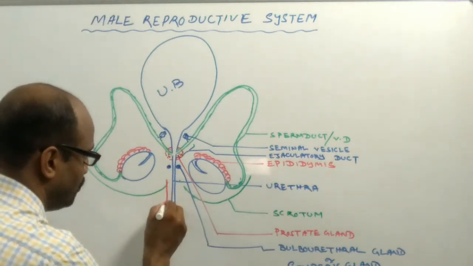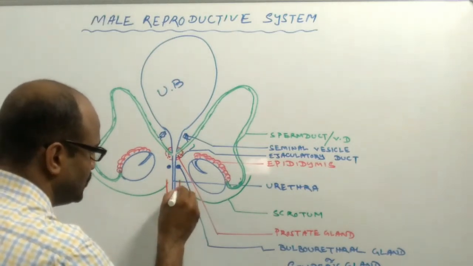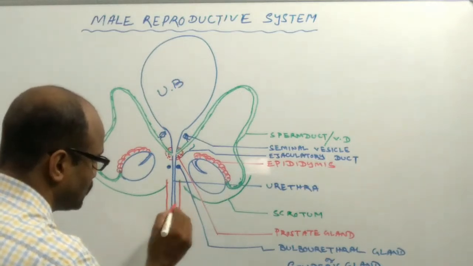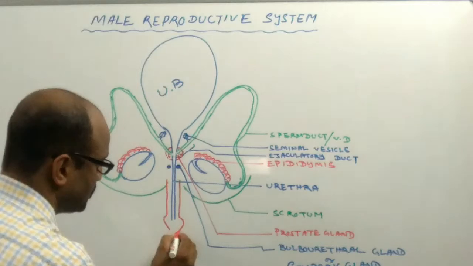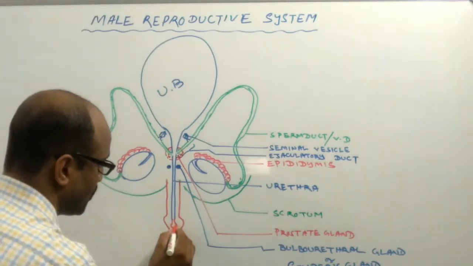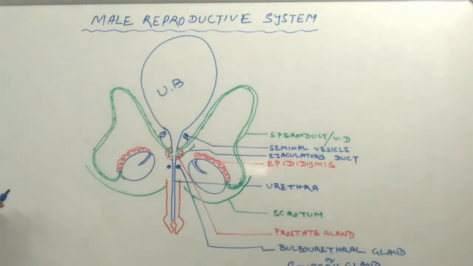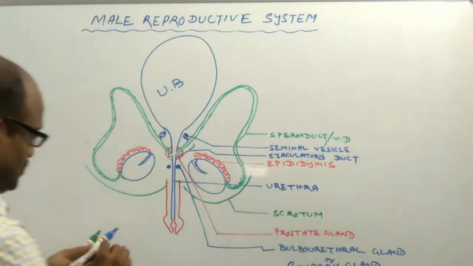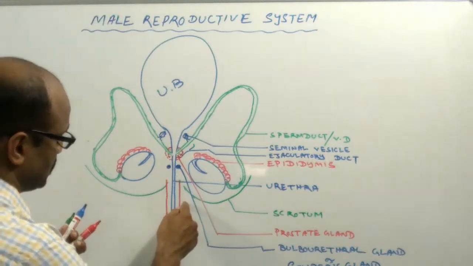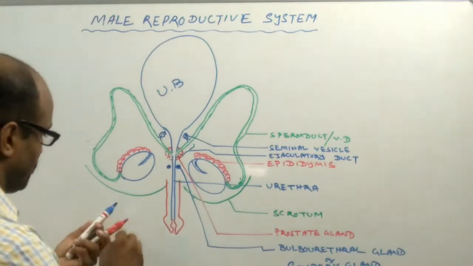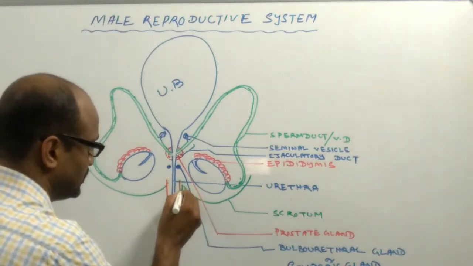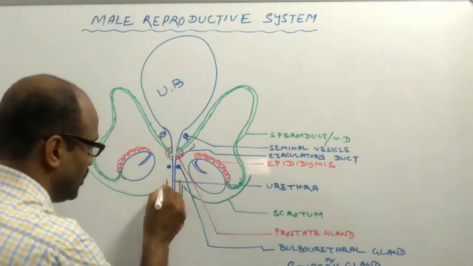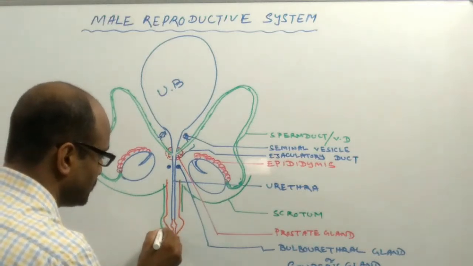the male copulatory organ, which, as you know, is known as the penis. So this is the penis, and this is the loose sheath covering over the penis.